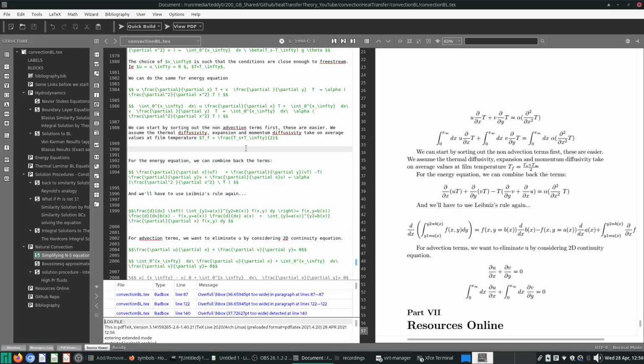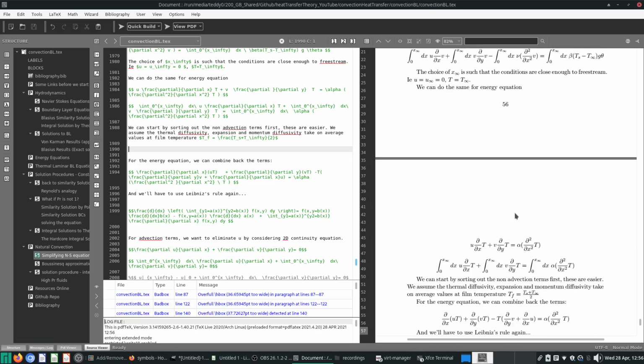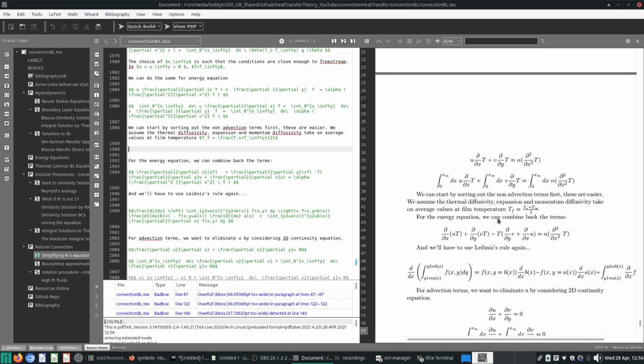For the energy equation, this is our energy equation. I'm not going to start integrating it straight away, but as is customary in our boundary layer integral solution for the energy equation, we like to combine the terms because it makes it easier to integrate later on.